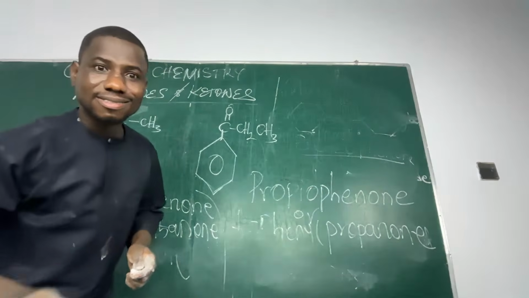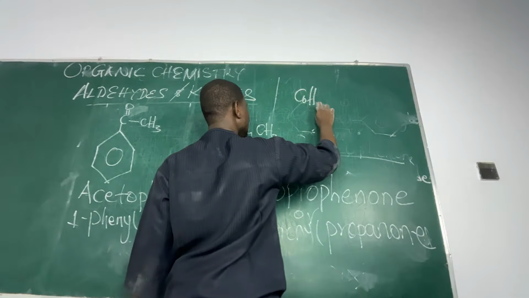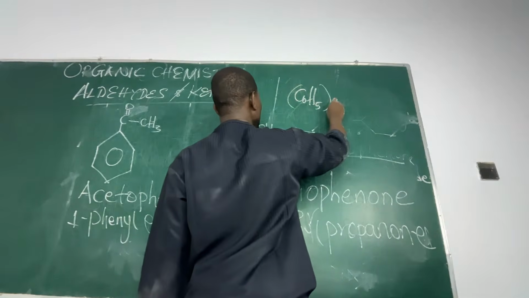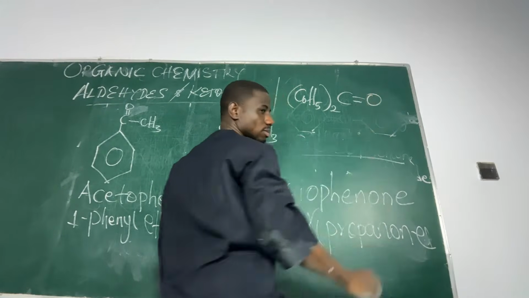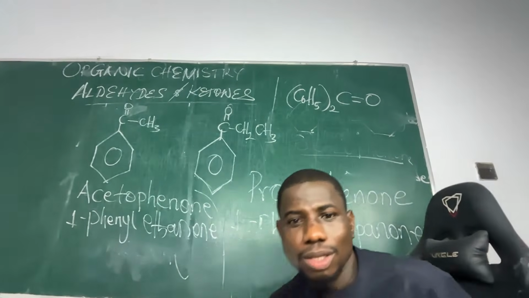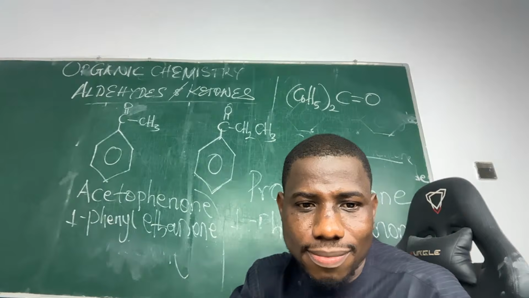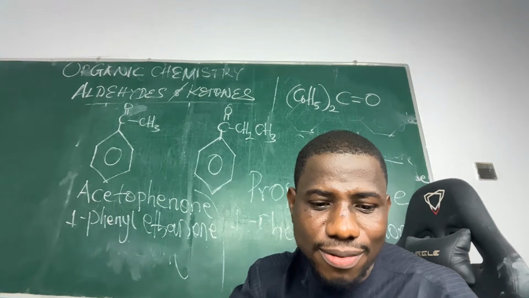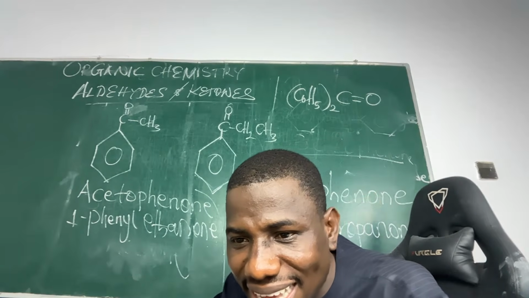If you have C6H5, bracket 2, C double bond O, what are we going to call it? Who has an idea?